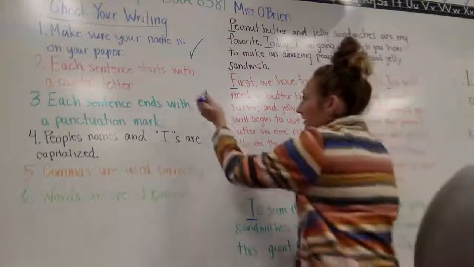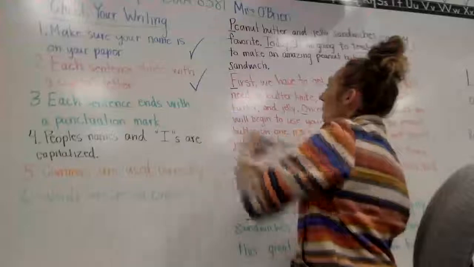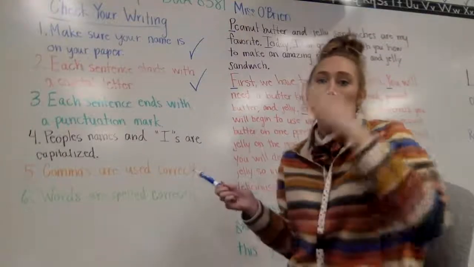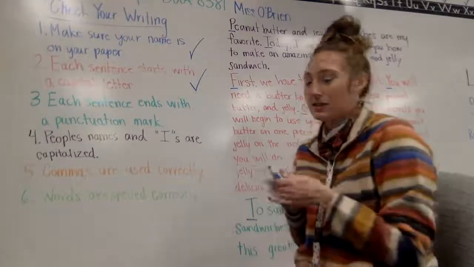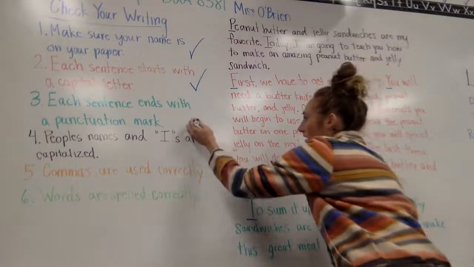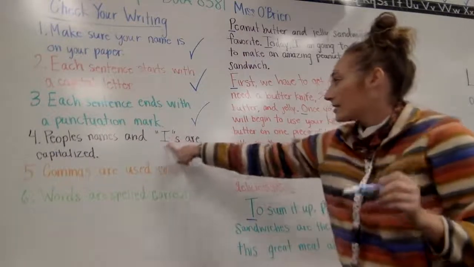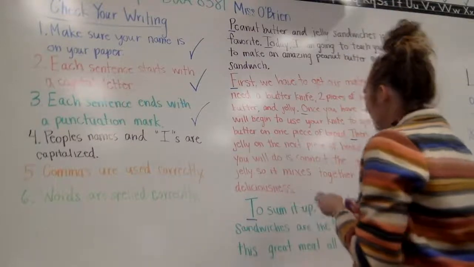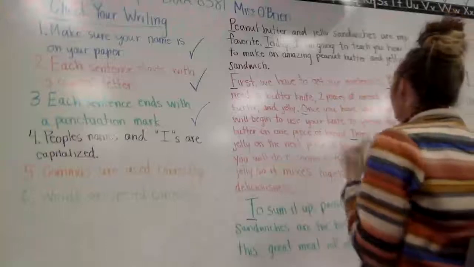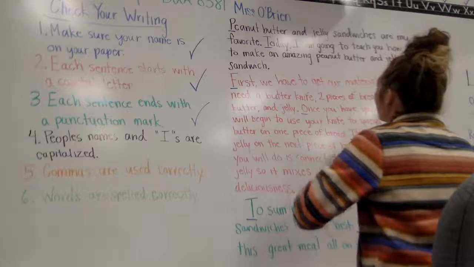Okay, so check. Number 3, each sentence ends with a punctuation mark. Well, I just looked at all of my capital letters and I looked for periods to see the end of the sentences. So I think I can go ahead and check that one because we just checked. Number 4, people's names and all I's are capitalized. Well, let me see. I'll use a different color for names and I's. But I don't think I used any names, so I'm just going to look for I's.